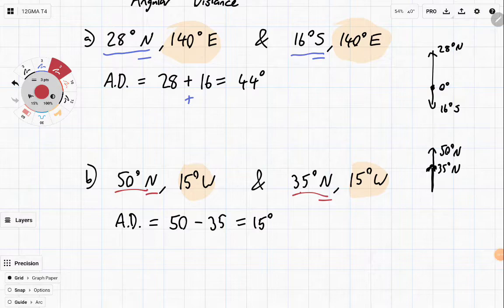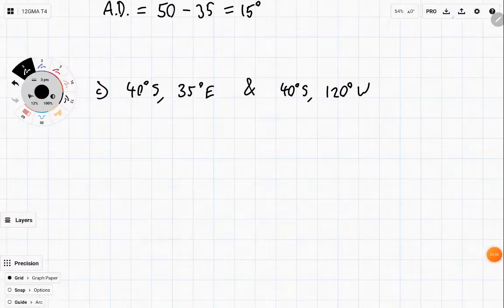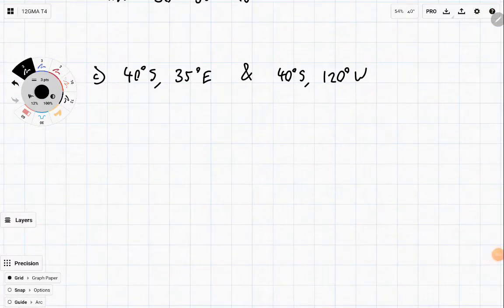Okay, let's look at one more and see if we can do it. Alrighty, so let's look at this one. So we've got a match, but this time they're both 40 degrees south. So the match is there. And then we've got to have a look at, well, they're actually different units, and for different units we're going to be adding them together.